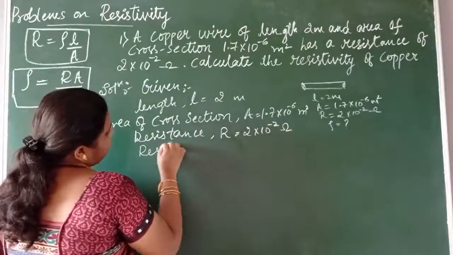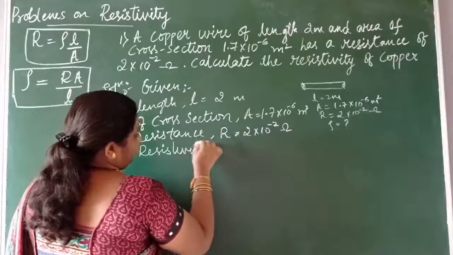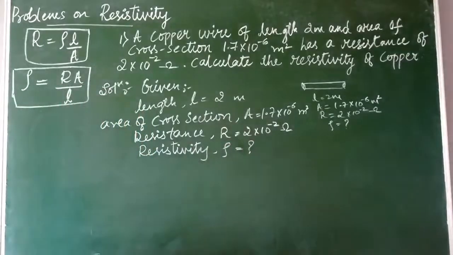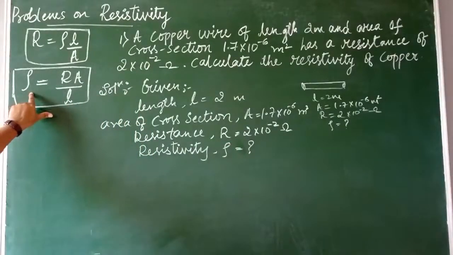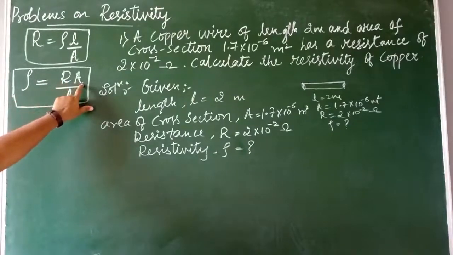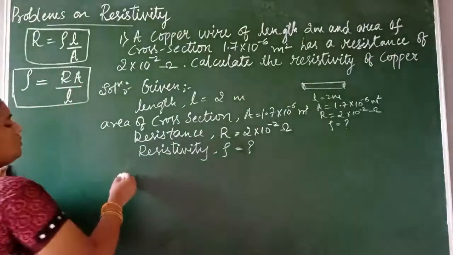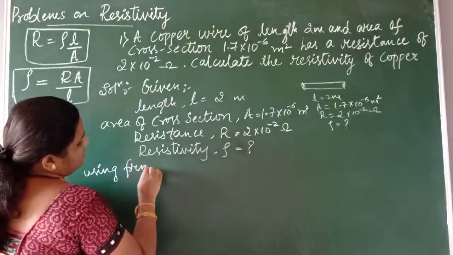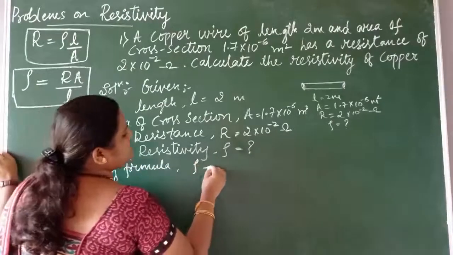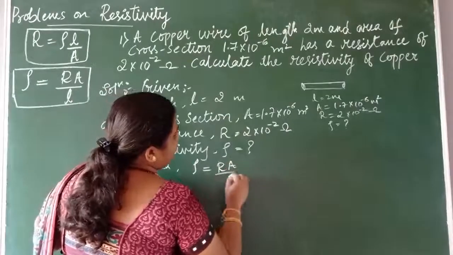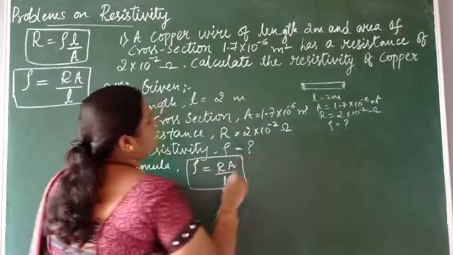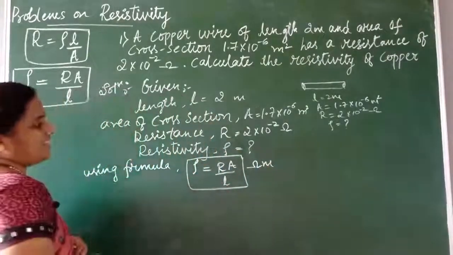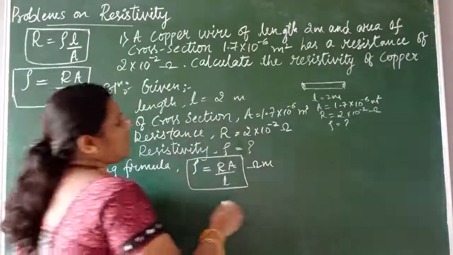We need to calculate its resistivity. That is represented how, children? Rho is equal to how much? In terms of resistivity, what is the formula? Rho is equal to R into A divided by L. What is the unit of resistivity, children? Very good. That is ohmmeter. Now substitute the values, children.